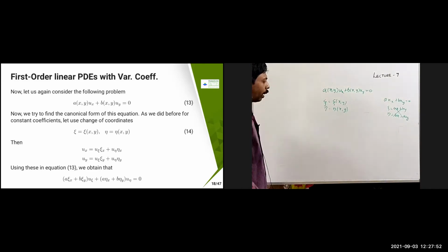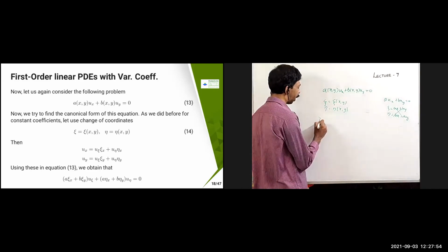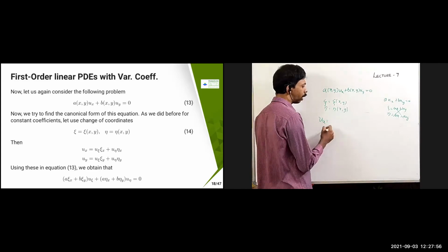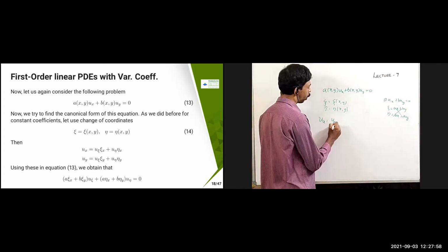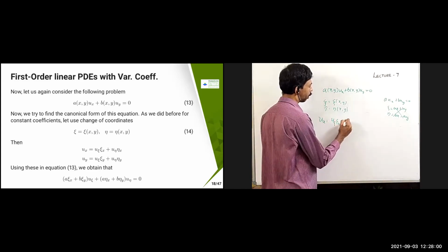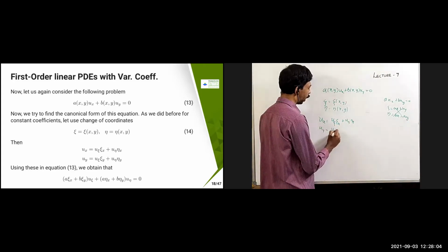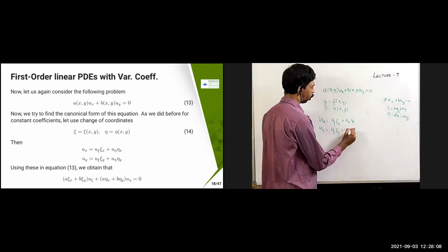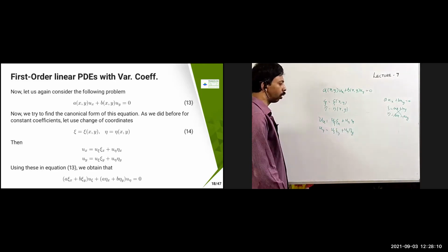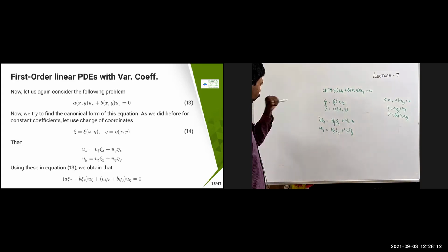Then what is going to happen? Same thing we did in the earlier one. So ux is going to become u chi chi x plus u eta eta x, and uy is going to become u chi chi y plus u eta eta y. I can use this over here.